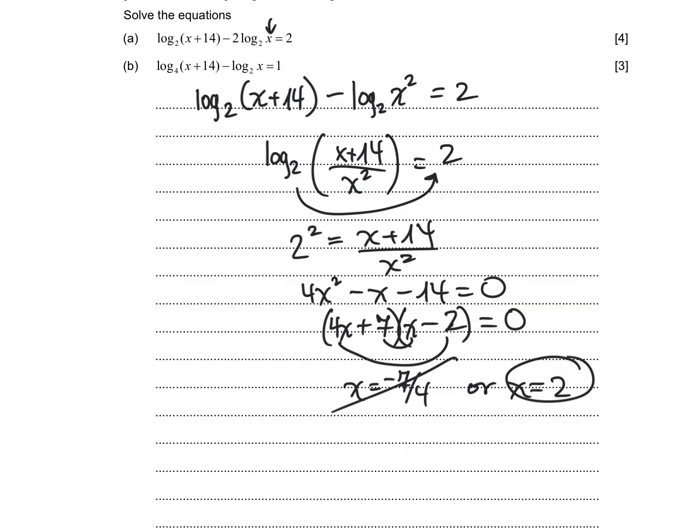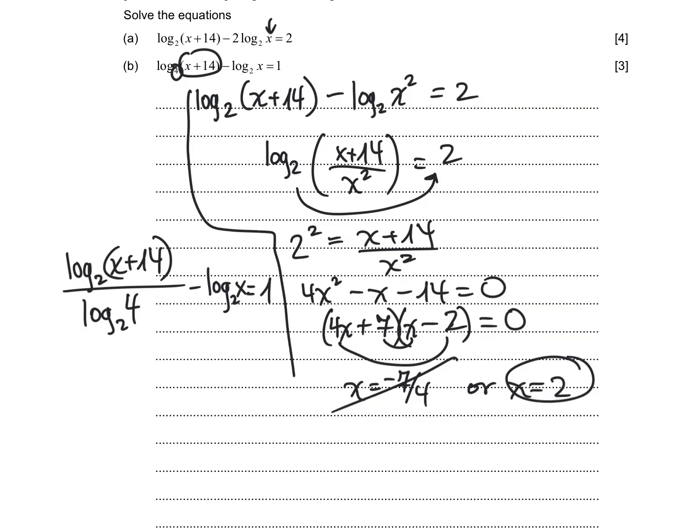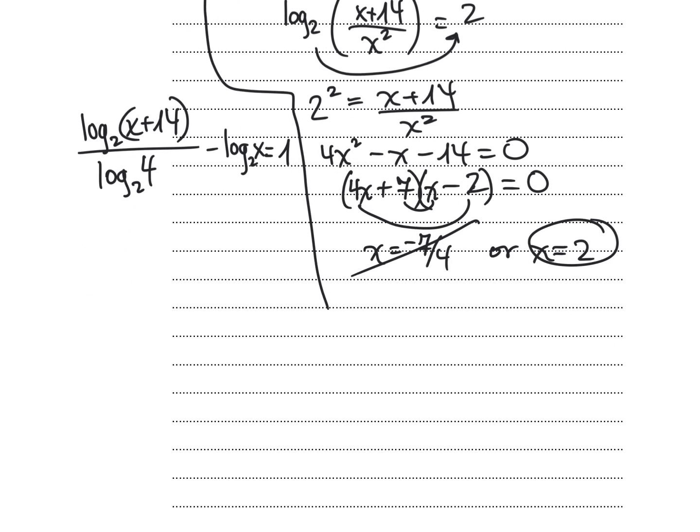So for b, we're going to have to change a base. So we're going to have log base 2 of x plus 14 over log base 2 of 4. So remember, it's log of the big over log of the small, minus log base 2 of x equals 1. Okay, now this on the denominator is going to be 2.